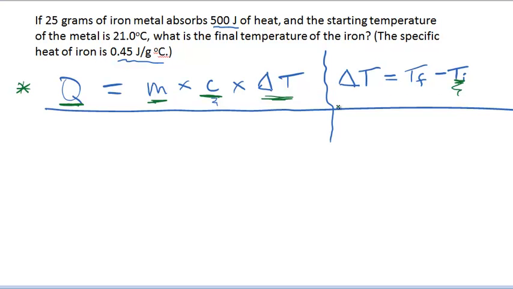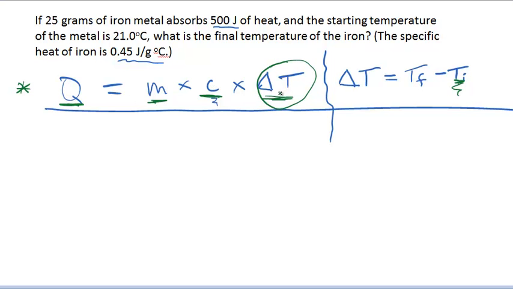All right, so this is where you've got to think outside the box a little bit. What we'll do is first solve for delta t. That's going to be our variable, because we know q, we know m, we know c.